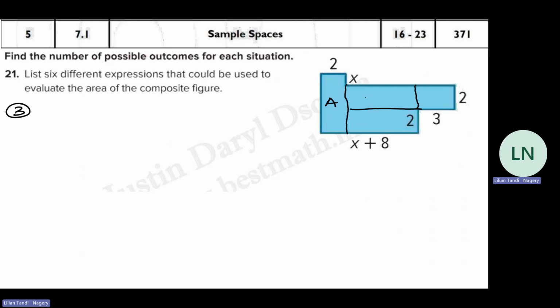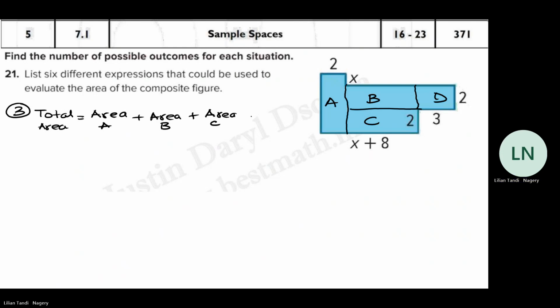So area A, area B, area C, and area D. So then I write here total area equals area A plus area B plus area C plus area D.